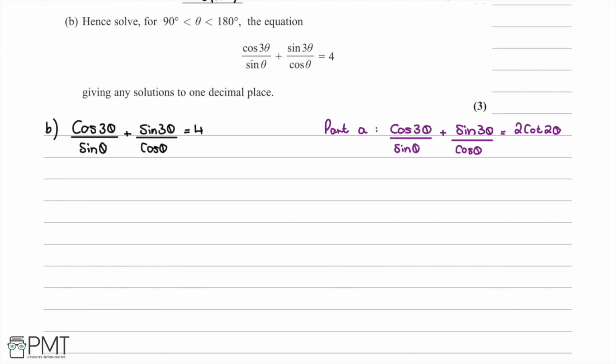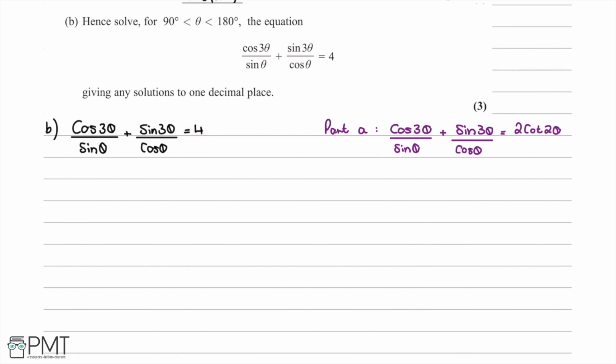So in part B of this question, we're asked to solve for theta, where theta is between 90 and 180 degrees. And we're solving the equation which we were presented with in part A of the question, and we remember that it is cos 3 theta over sine theta plus sine 3 theta over cos theta, and we're making that equal to 4, and we want to solve for theta.